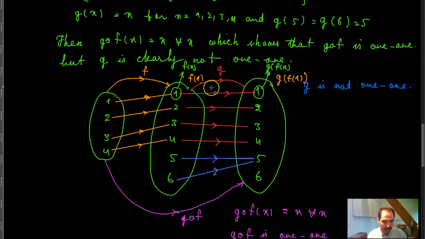Now g, as you can see over here, is not 1-1, and as it so happens, it's just not important. g could be 1-1, it could be not 1-1, it doesn't matter. As long as f is 1-1, then g∘f can be 1-1. And there is no other way to do it.